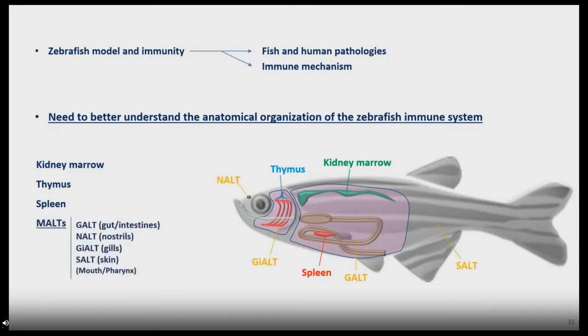Then, of course, we can consider that the fish is a huge mucosa because all its interface with the environment is made of mucosal tissues. So you have lymphoid tissue associated with those mucosae, like in the nostrils, the gills, the gut, and the skin. And of course, you can have inductive structures such as melanomacrophage centers and granulomas.